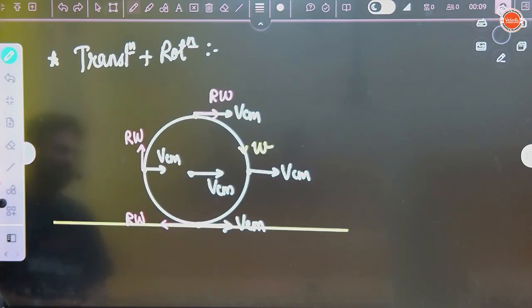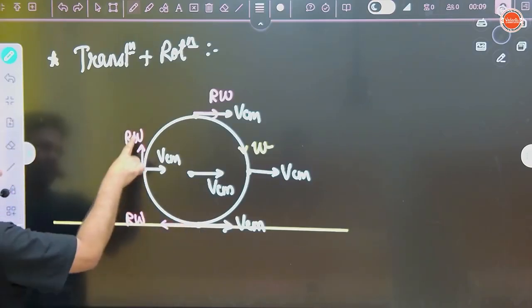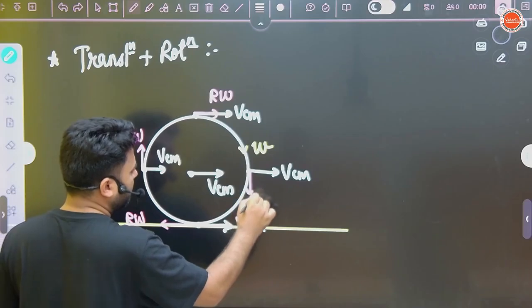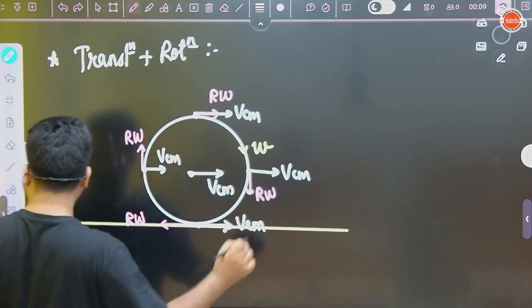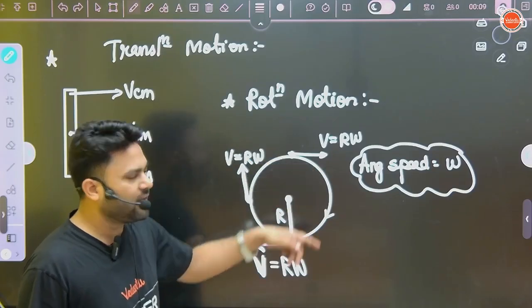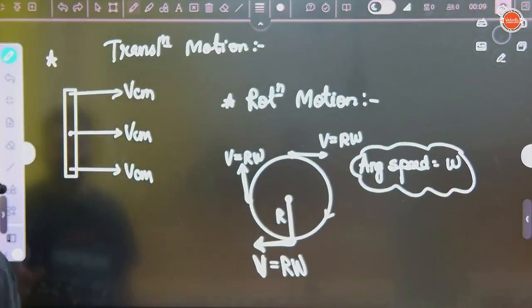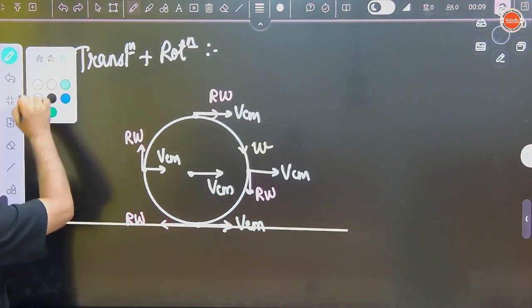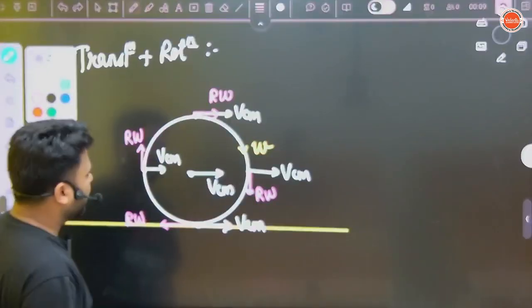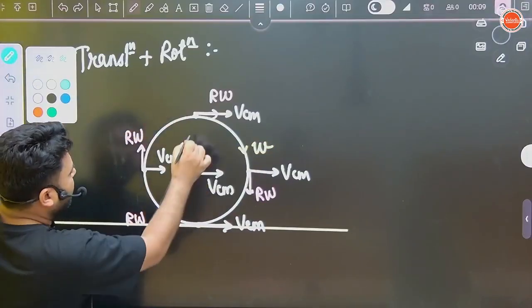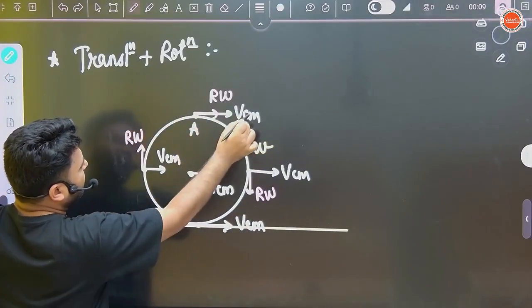So due to rotation, r omega will be here, here, and here. Now if someone asks what is the total speed of point A, you can say r omega plus vcm.